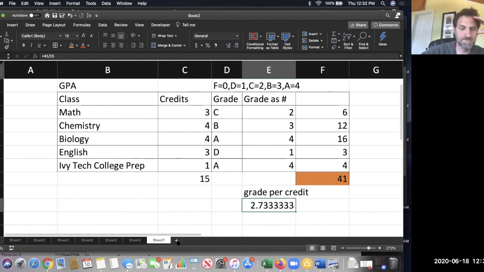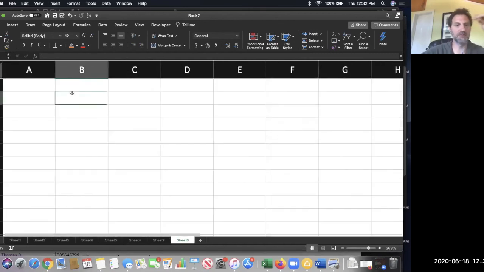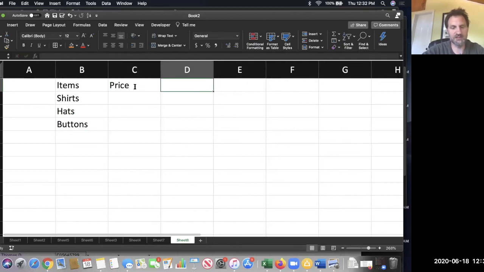Okay. So this is just one last example that's kind of another common type of problem. Let's say I've got a shop that sells things, sells shirts and hats and buttons, and I've got a price and then I've got the numbers sold.